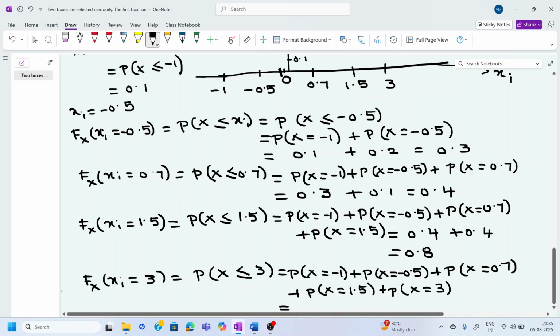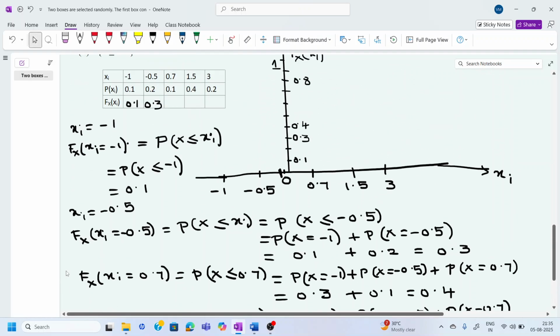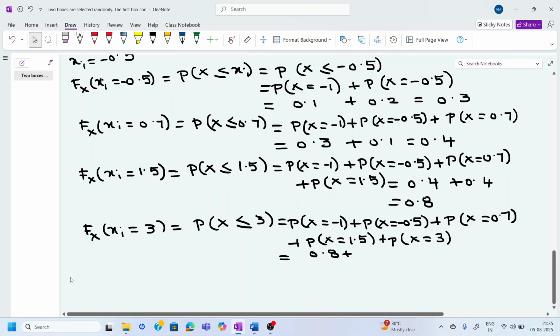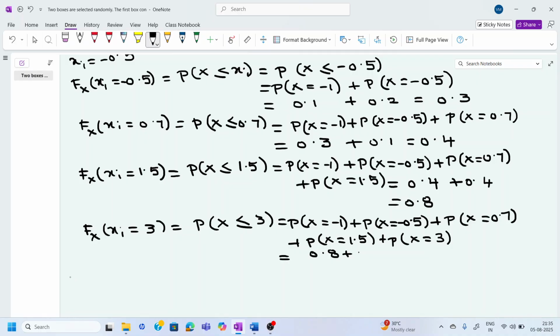That is 0.8 plus probability of x equal to 3. From the table it is 0.2, so the sum is 1.